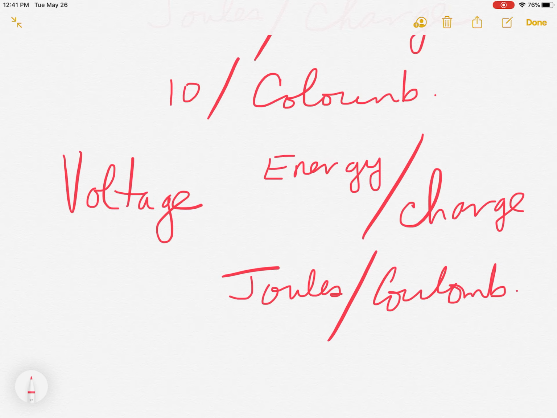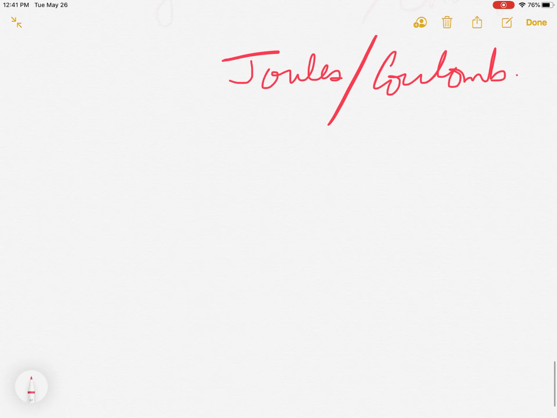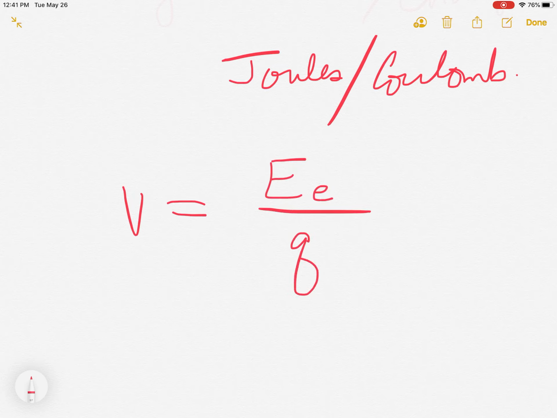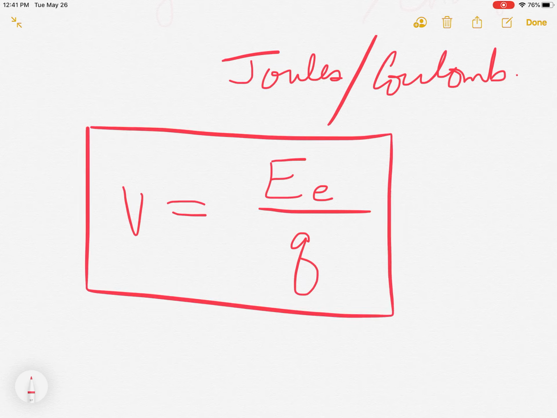I just take my voltage and work it out. Okay? So, voltage is equal to the electrical energy per unit of charge, E over Q. This is how we can calculate voltage.